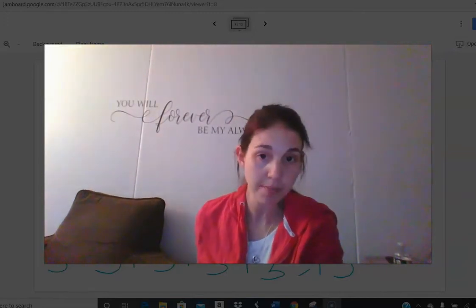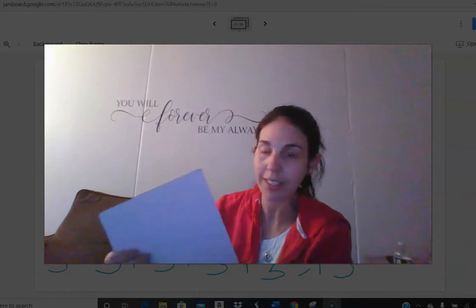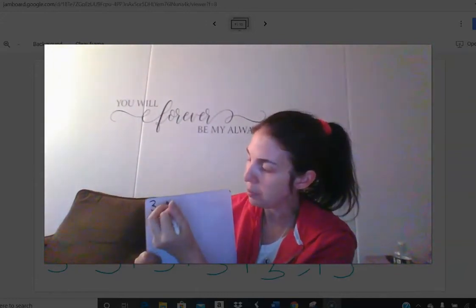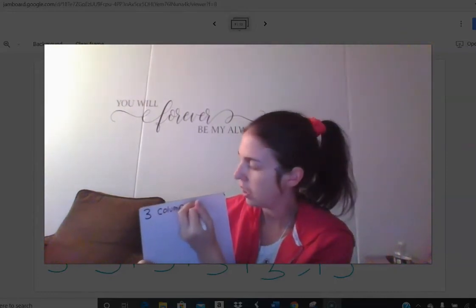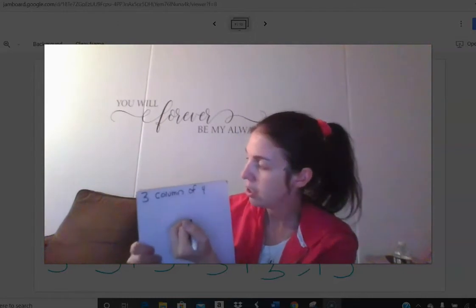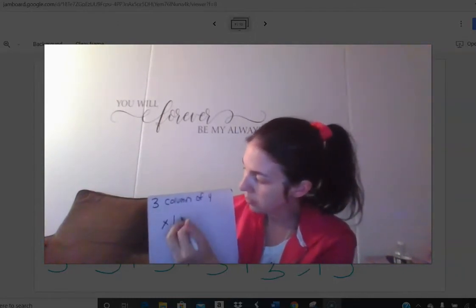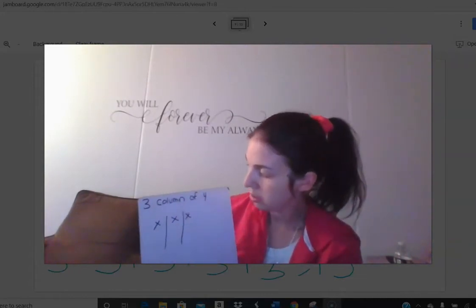3 columns of 4. 3 columns with 4 in each column. So if it helps you to write on top of your paper, you could do that. Columns of 4. So 3 columns would mean we're going to have 1 column, 2 columns, 3 columns.